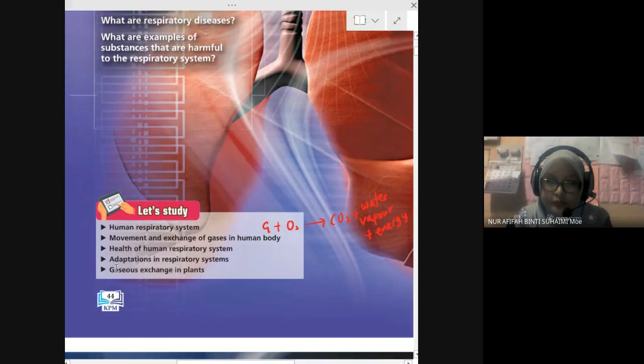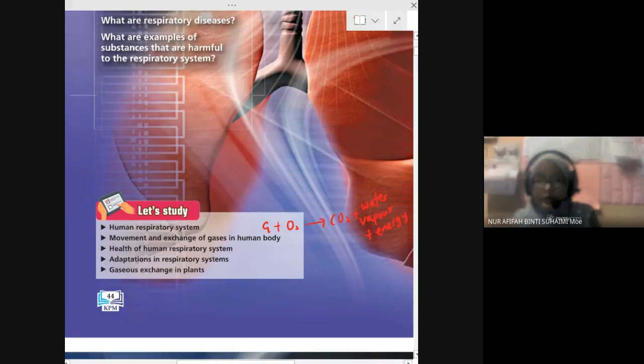Okay, the third unit, health of human respiratory system. This one you learn about the harmful substances in cigarette smoke.